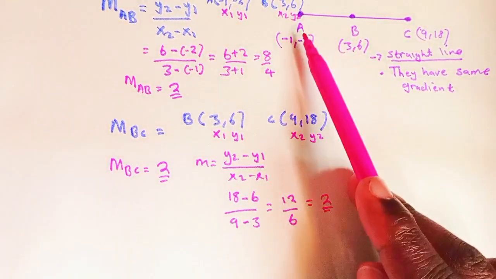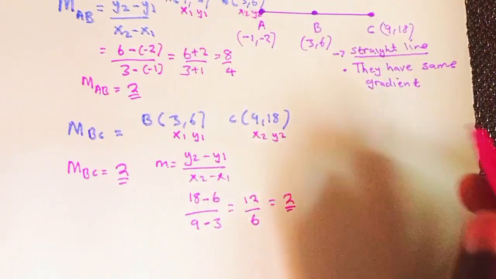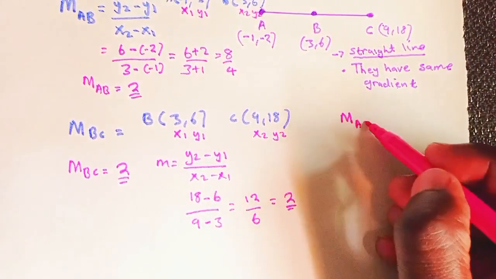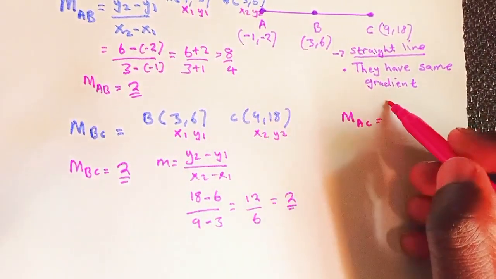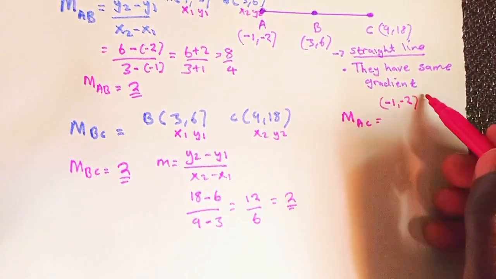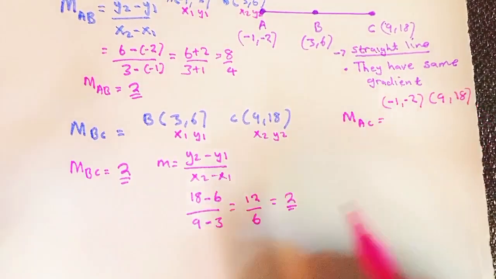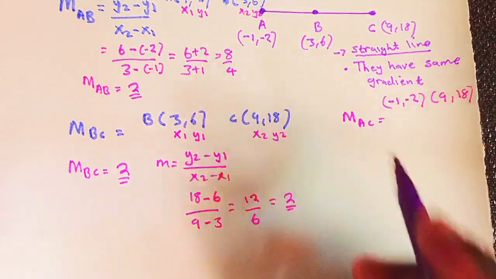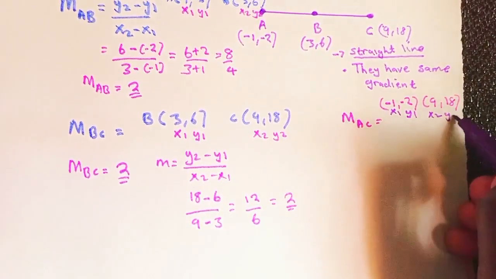Now we can also try to find the gradient between A and C. So A is (-1, -2) and C is (9, 18). We just keep in mind x1, y1, x2, y2.